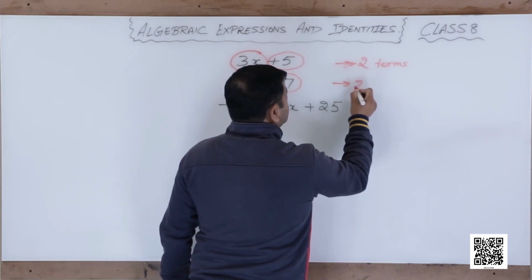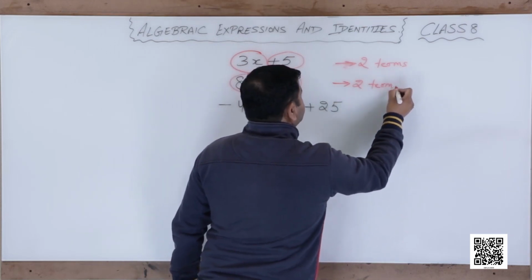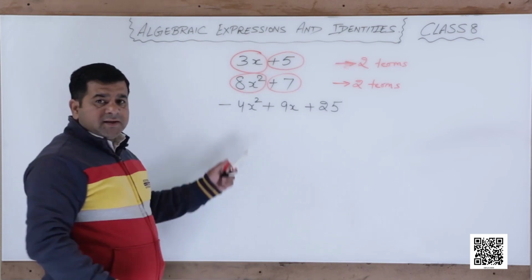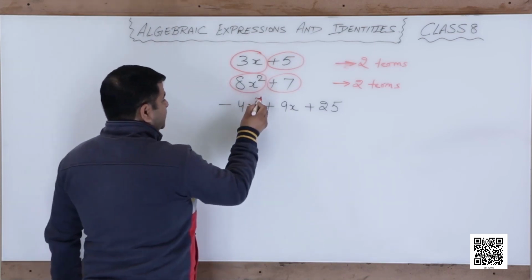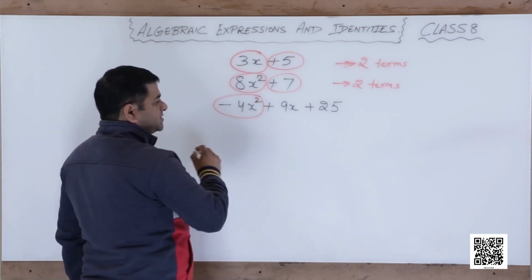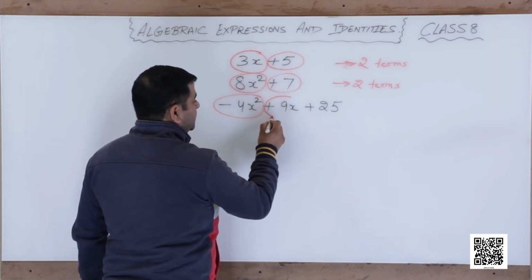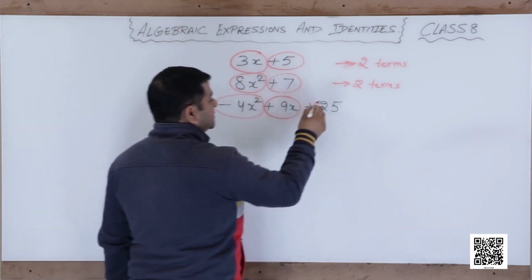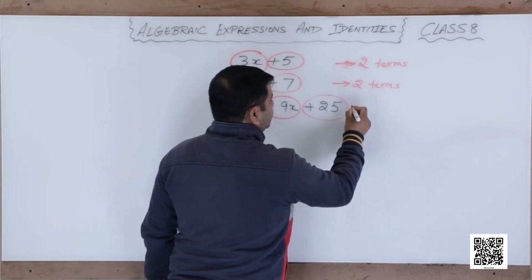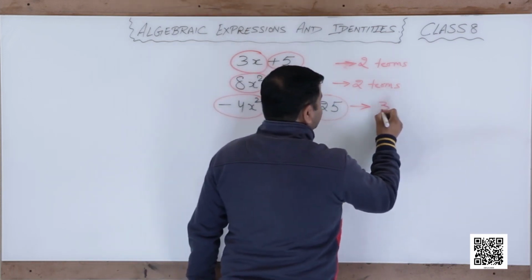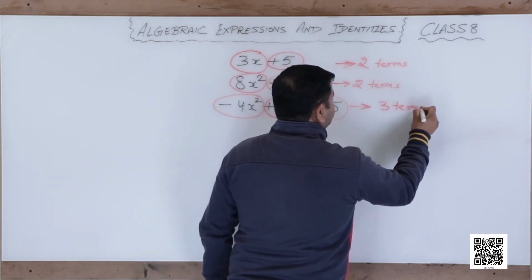Again it has two terms. In the third expression, minus 4x square is the first term. The second term is plus 9x and the third term is plus 25. So this expression has three terms.